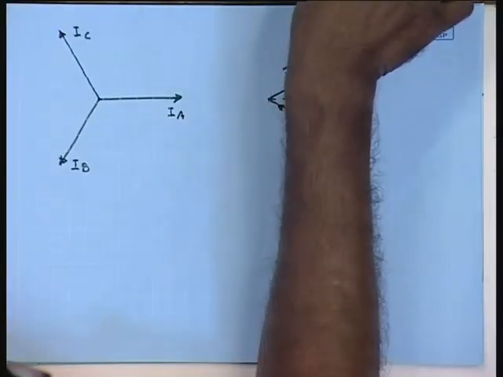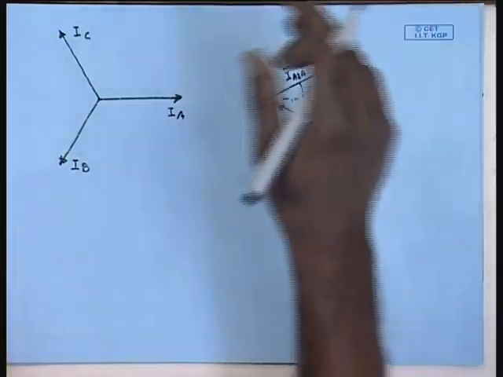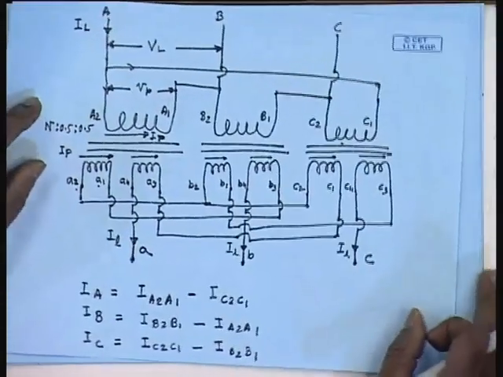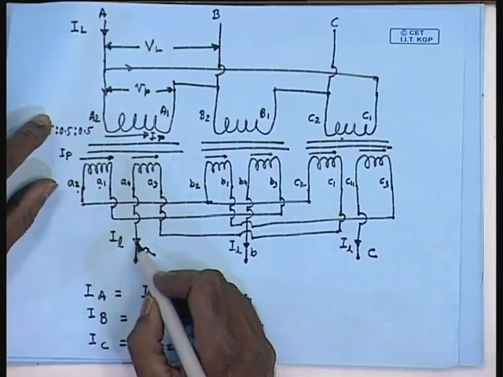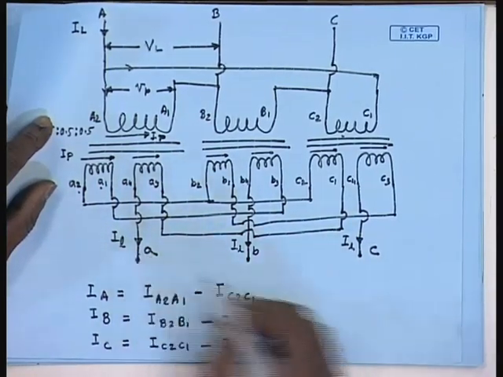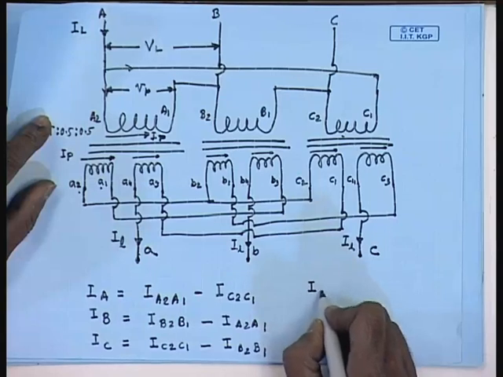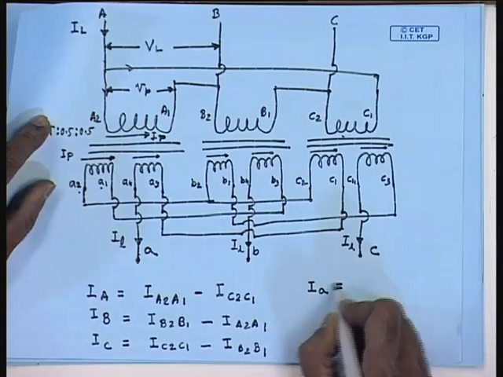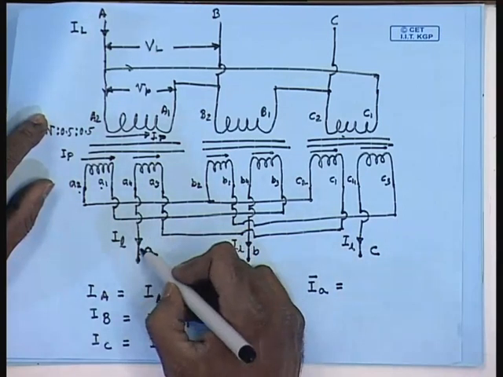Now, the currents on the low voltage side, from this phasor diagram we find the current I small a equal to, this is the I small a.